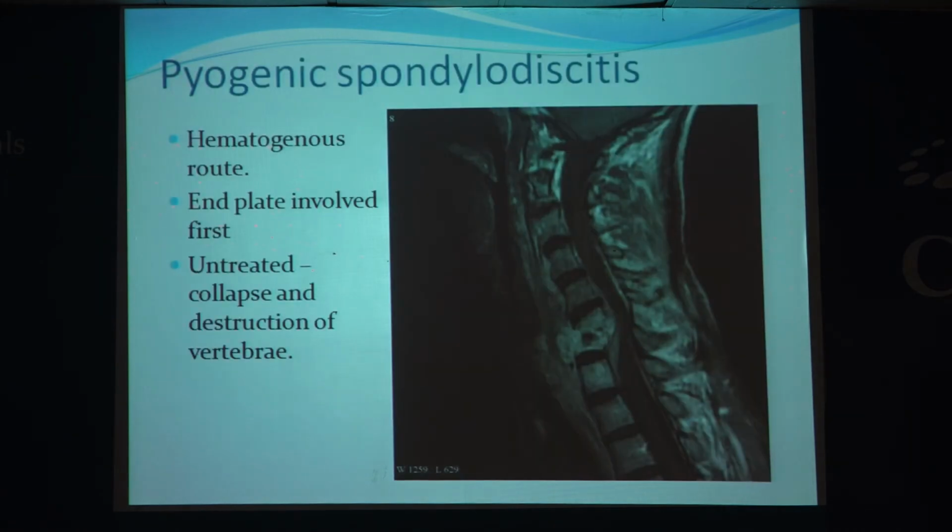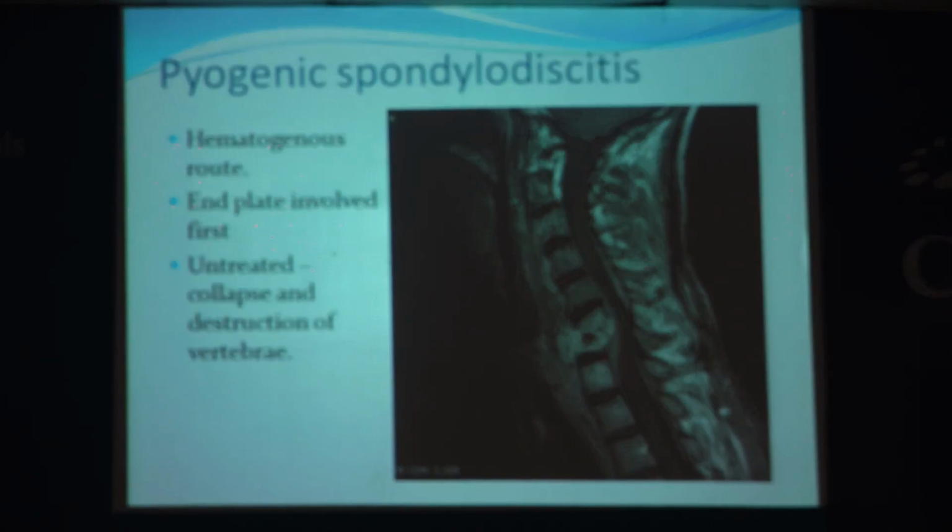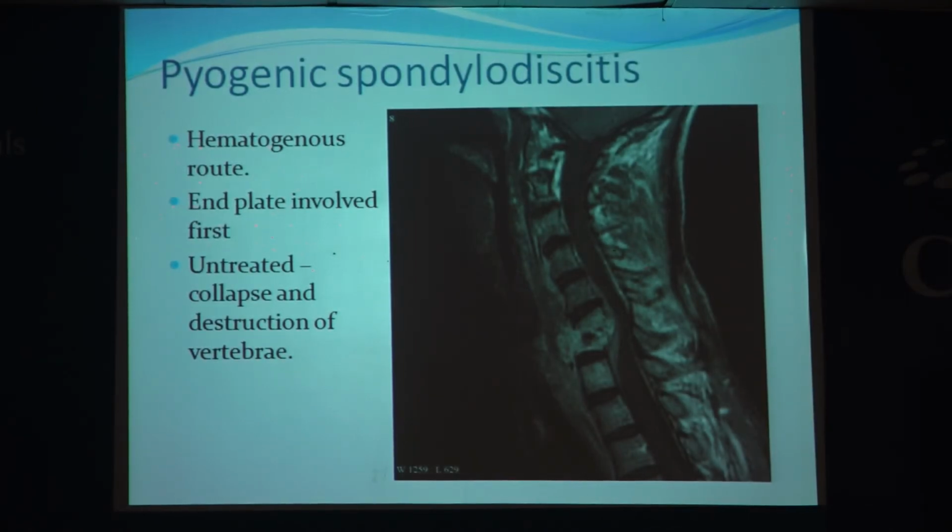Coming to infectious conditions, what we call spondylodiscitis. Usually we can see 2 types, pyogenic or tuberculous. Pyogenic spondylodiscitis is usually by hematogenous spread, so the end plates are first involved because they are highly vascular, and from the end plate the infection will spread to the adjacent disc.